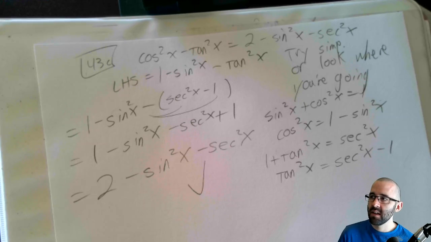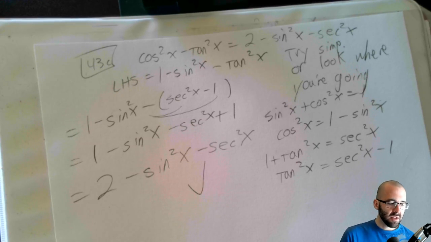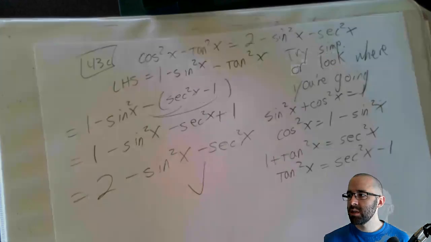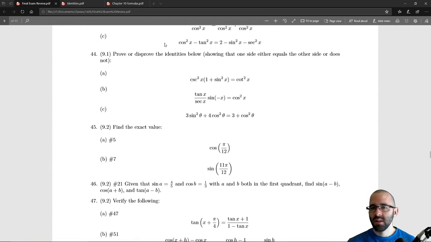That's the right-hand side. Okay, so that's just some review on how to approach these verification problems. And the verification problems really are very similar to the prove or disprove ones.